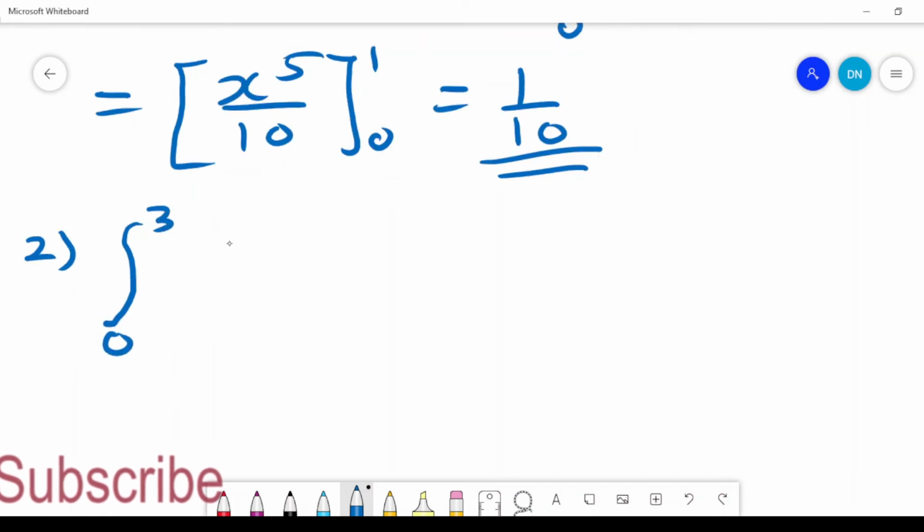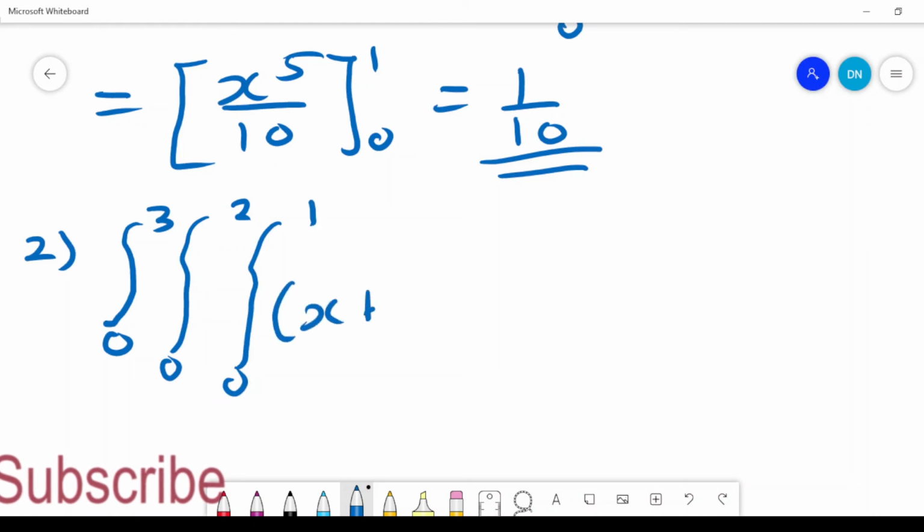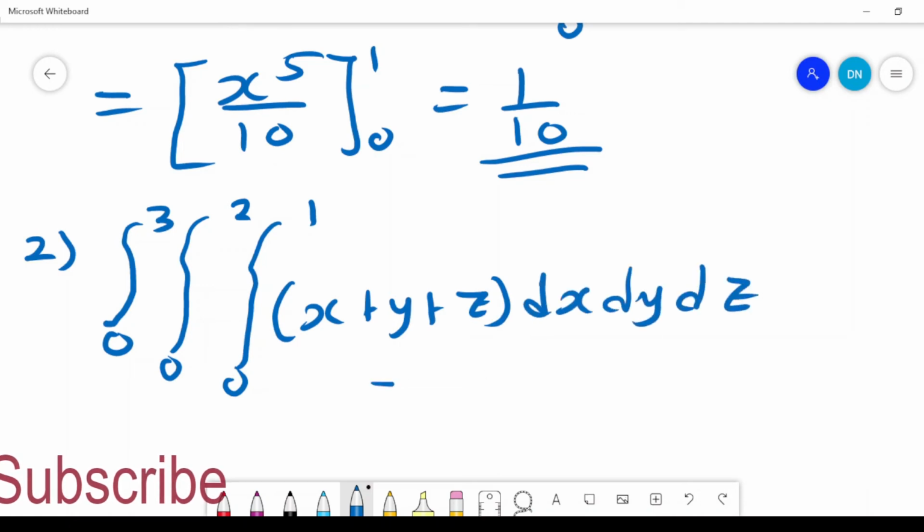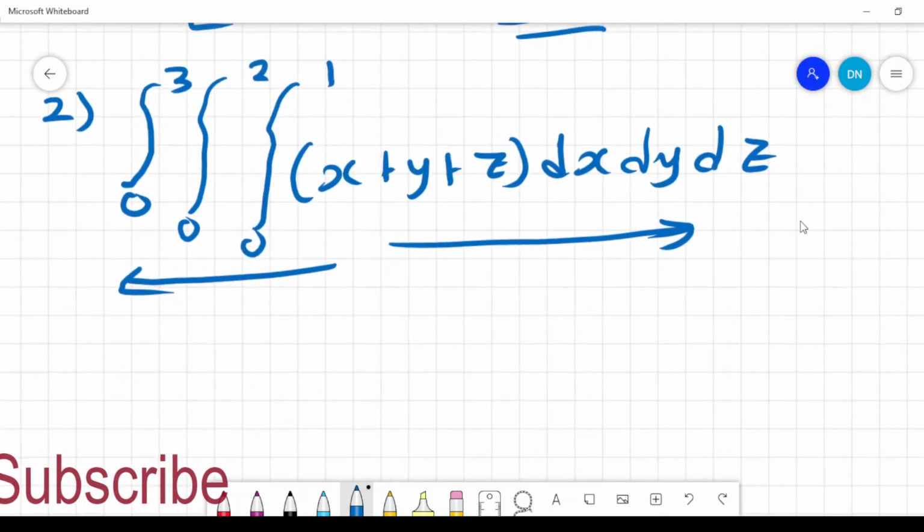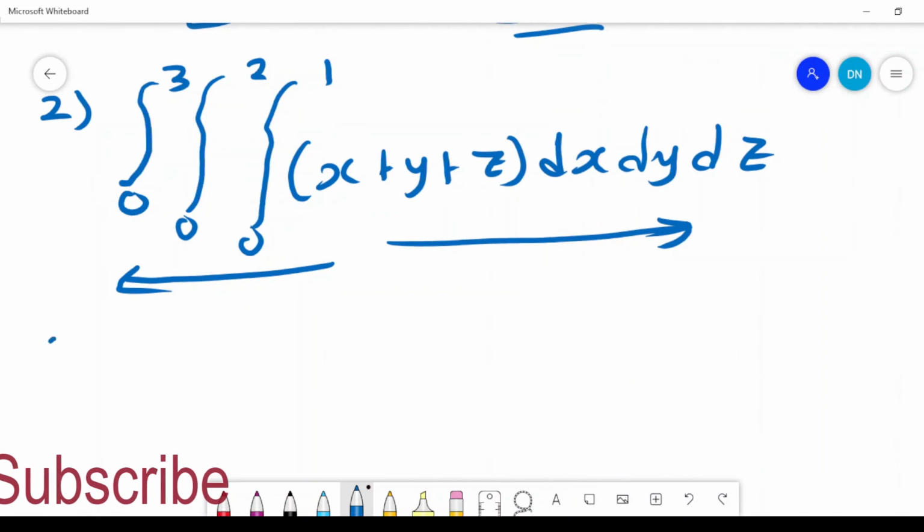Another example is the integral from 0 to 3, 0 to 2, and then 0 to 1, of x plus y plus z dx dy dz. Again, I move outward. That means I start with the internal integral, both the limits of integration and the integral with respect to x, and that gives me 0 to 3, 0 to 2.